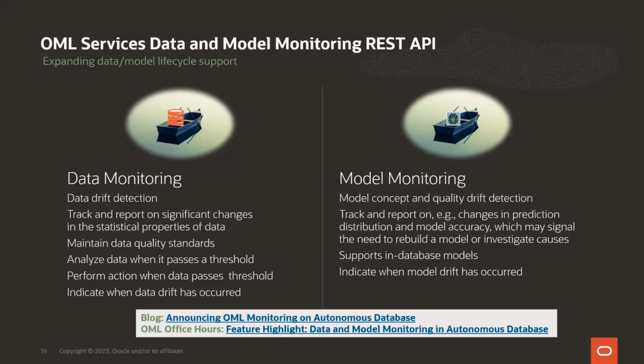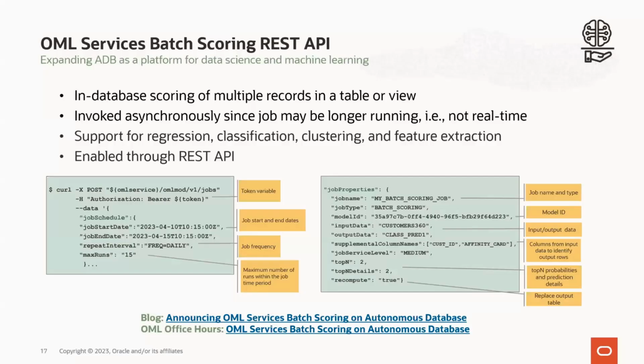This currently supports in-database models only, but we plan to expand this to support the ONNX format models as well. Also new with OML services, we've added batch scoring endpoints for in-database models. As you have heard in previous sessions, OML services scoring functionality supports singleton and small batch scoring using synchronous REST APIs, where input data is provided as part of the payload and the output returned in the response.